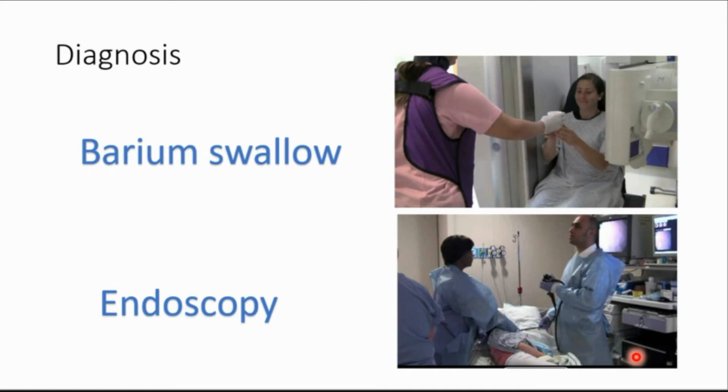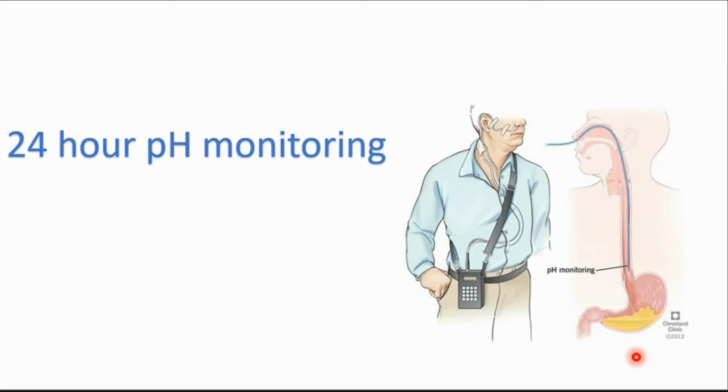Now the most important investigation is 24-hour pH monitoring, which is done by an NG probe, which is passed through the nasogastric route into the gastroesophageal junction, and pH is monitored at that point. Now move toward the management.